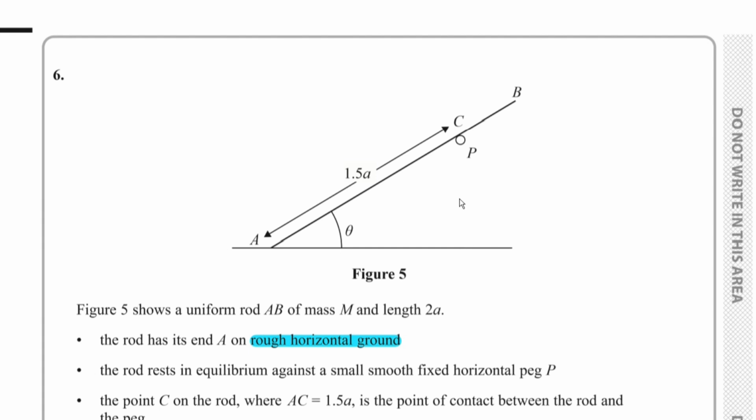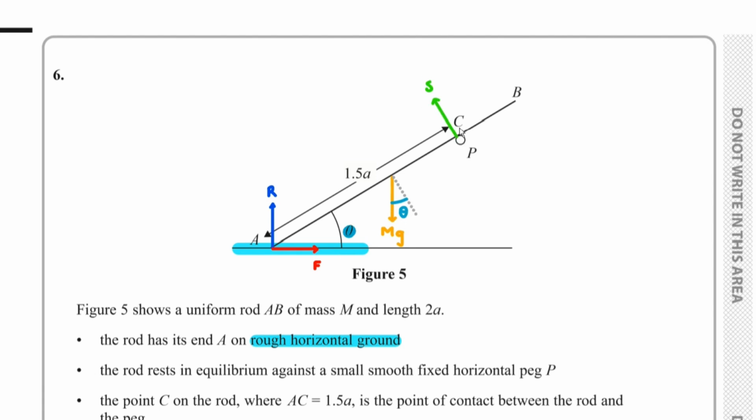So let us demonstrate all of this on figure 5. We've got this rough horizontal ground. We've got the reaction force R at A. We've got the frictional force here. We've got the angle theta. We've got the weight of the rod, mg. And here is the angle theta.